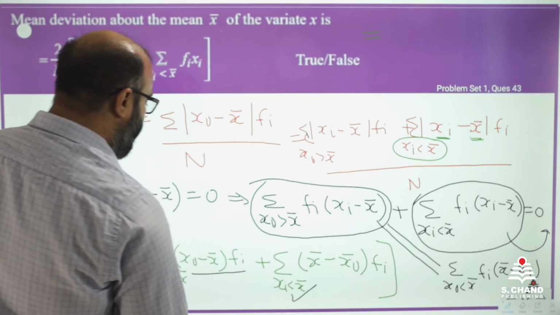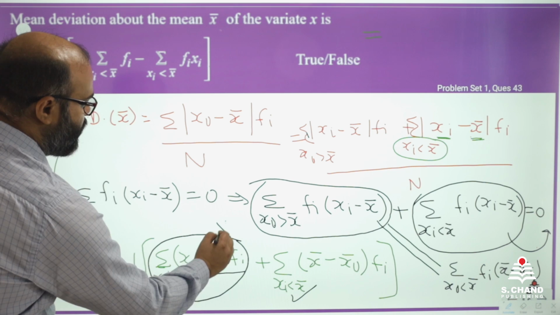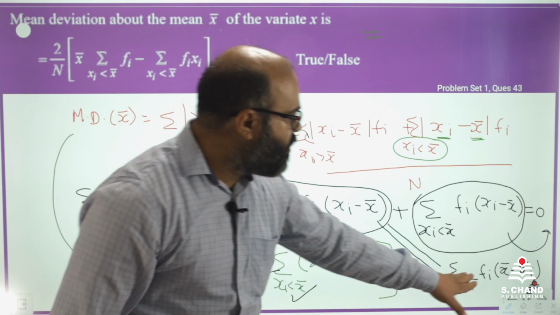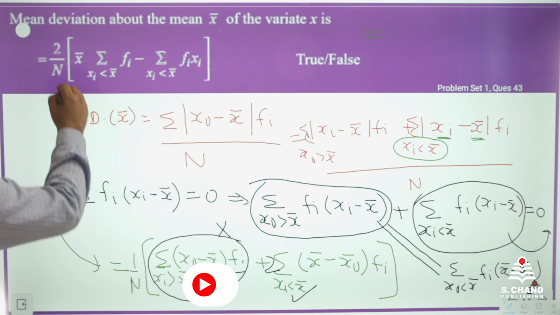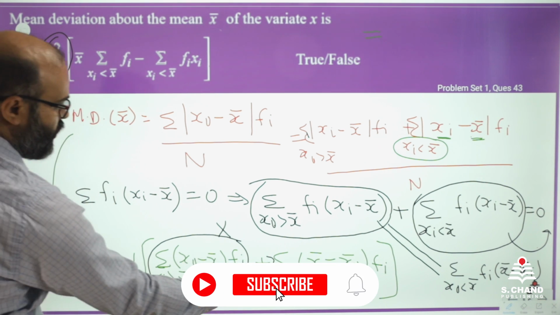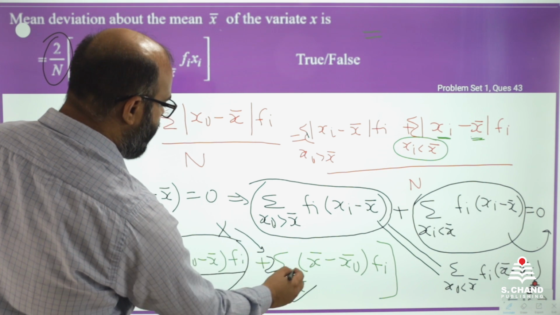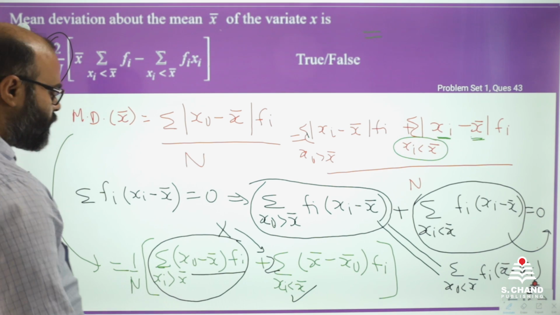On vanishing this, this will become 2 times, because you will replace with this. So finally you will get 2 by n, and then it becomes sigma of fi x mean minus sigma of fi xi. This is how you can do it.